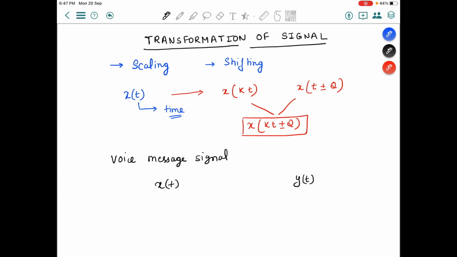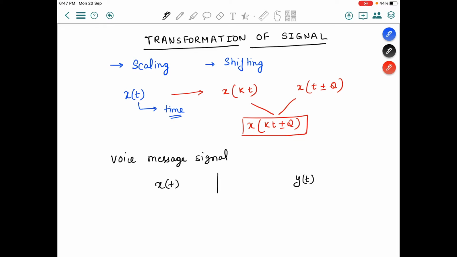So we want to hear our message signal at a faster rate, which we usually do while watching YouTube videos. What we do is go to the settings and change the playback speed from normal to 1.5x or 2x.